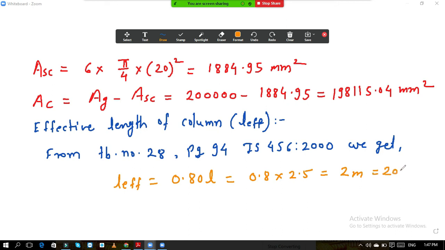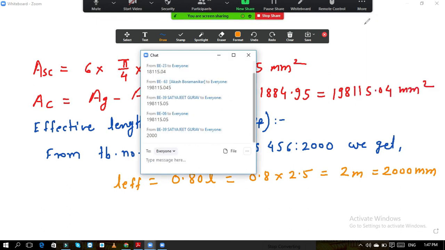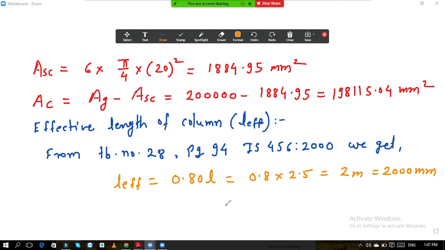So 2000 mm, correct. Now we have calculated the L effective also.